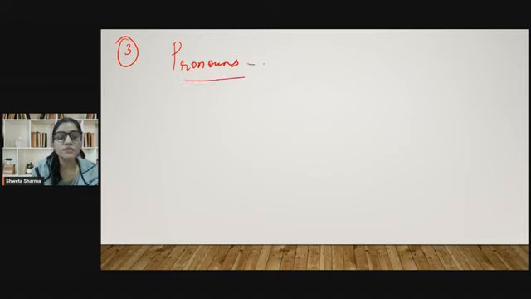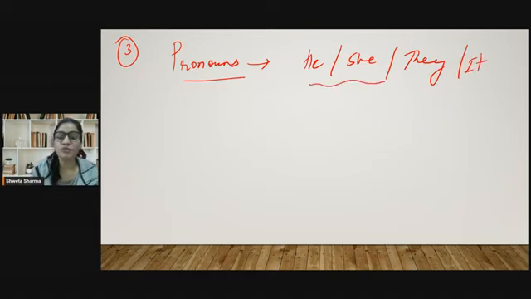And post this, of course, we can have some pronouns which we can look at, and pronouns could be he, she, they, it. So these are the specific pronouns which you can find.